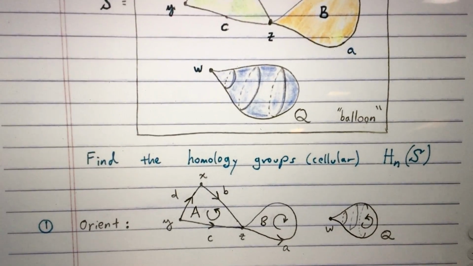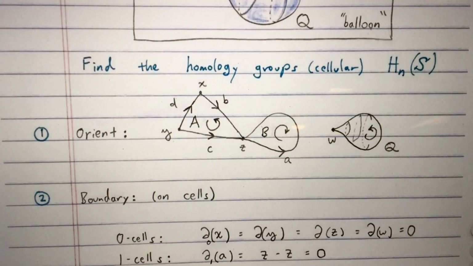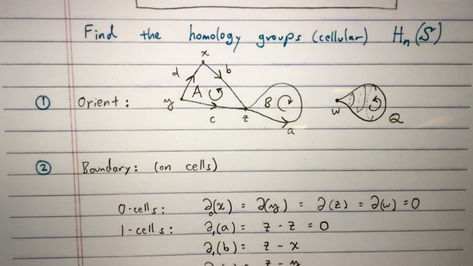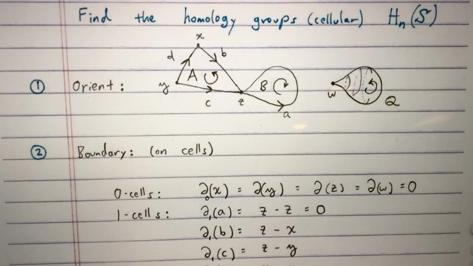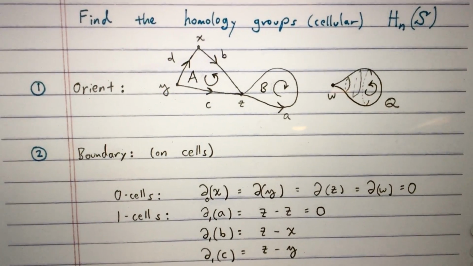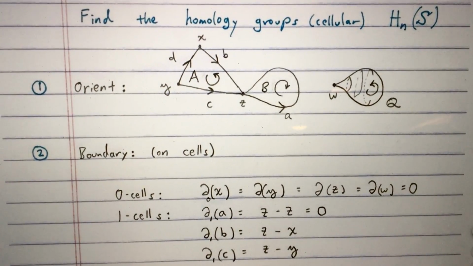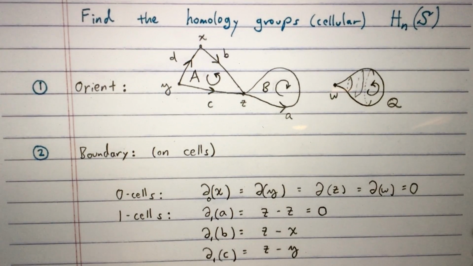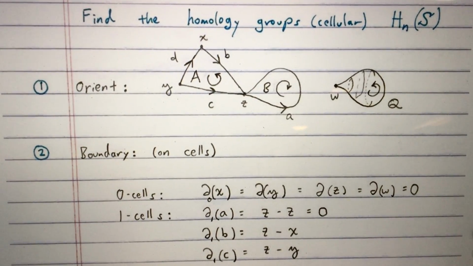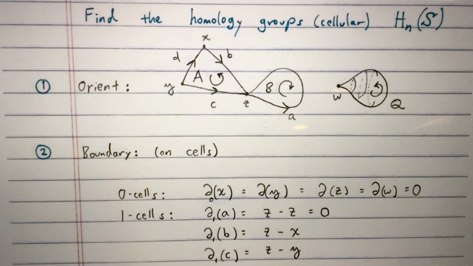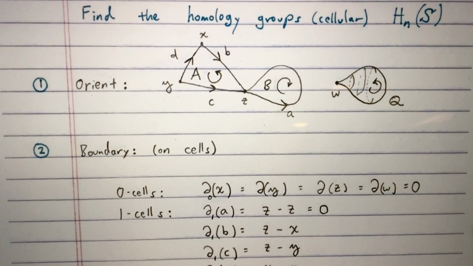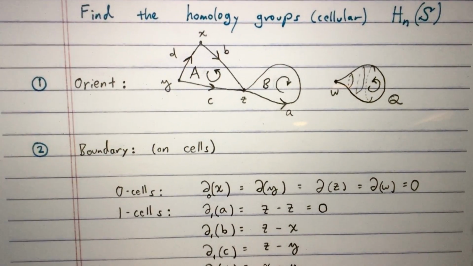Because the reason for the orientation is so that we can find boundaries. Remember, these are the group theoretic boundaries. So it is the boundary as you see it, but it's done as a linear combination with minus signs or plus signs. All the 0-cells, X, Y, Z, and W, have a boundary of 0.